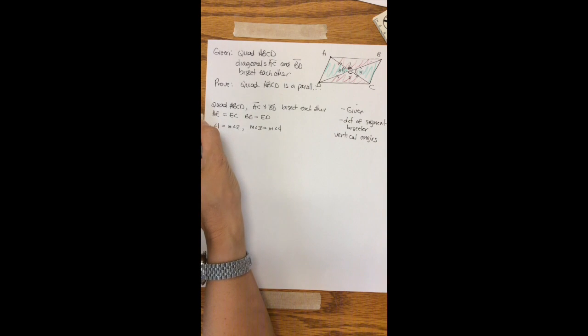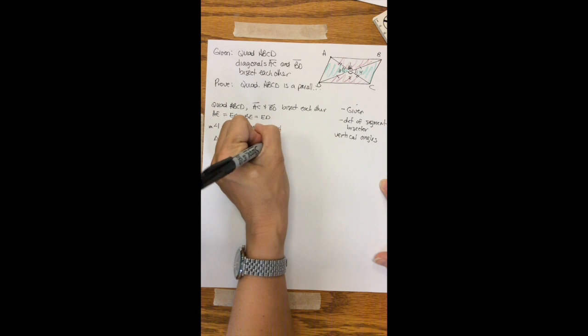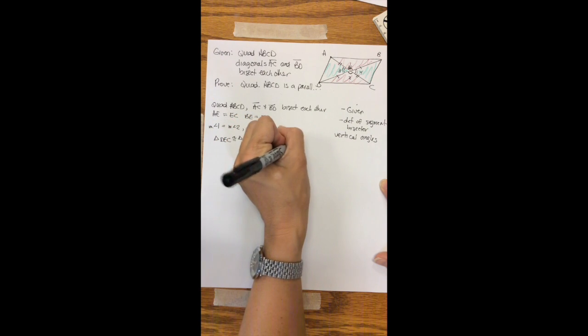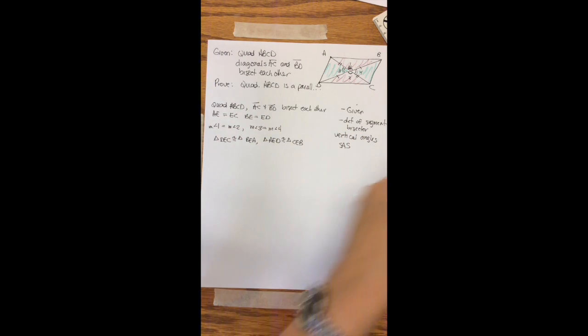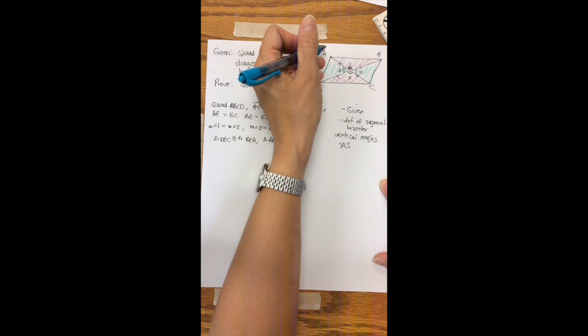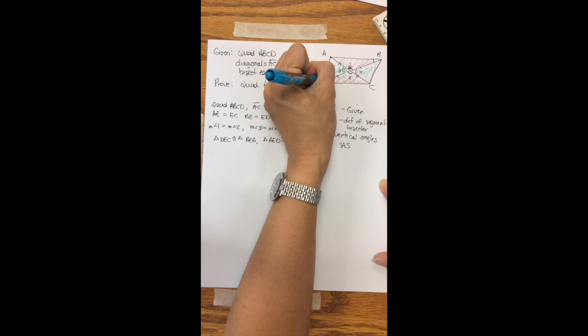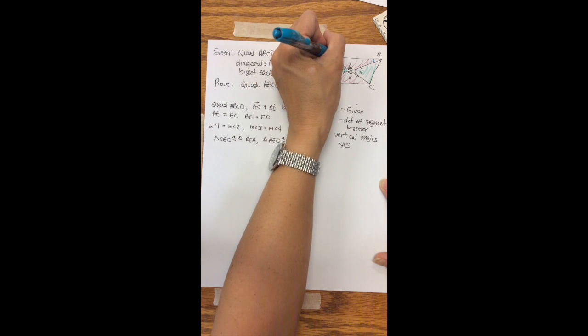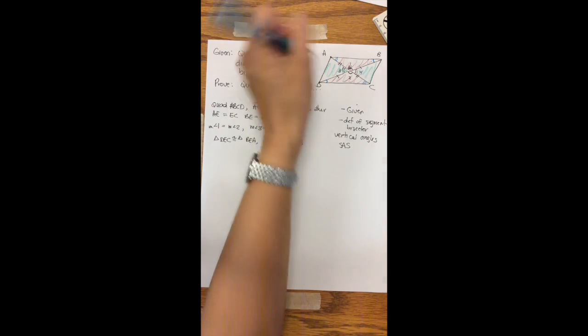So triangle DEC is congruent to triangle BEA, and triangle AED is congruent to triangle CEB, side angle side. Therefore we can say that these are congruent and those are congruent.